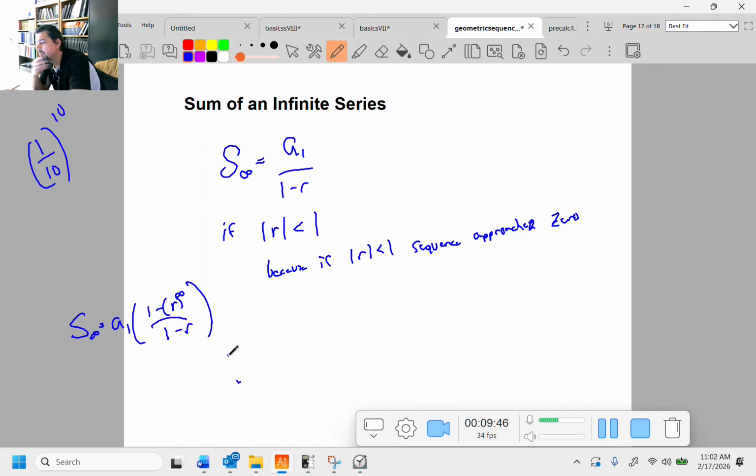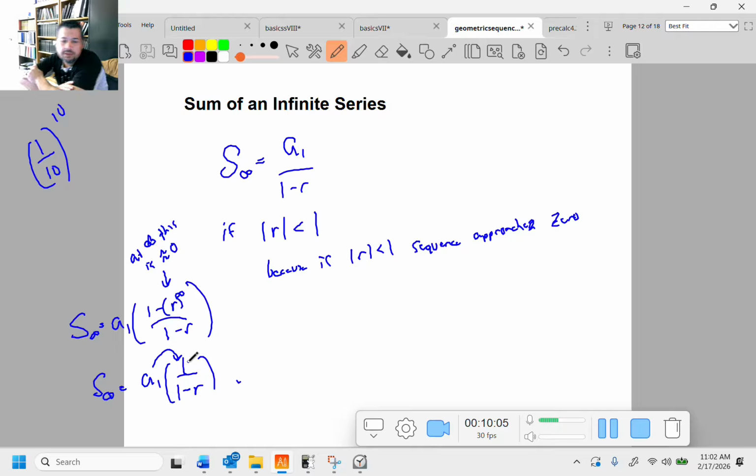What happens is, at infinity, this is basically 0. So we end up with the sum of infinity is the first term times 1 over 1 minus r, and then we just distribute the a sub 1, and we get that beautiful little formula up there.